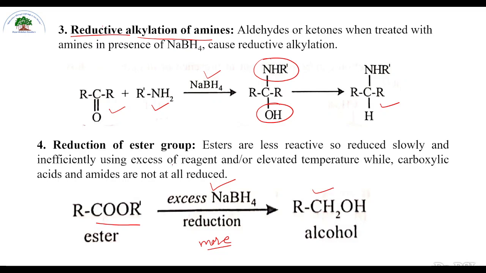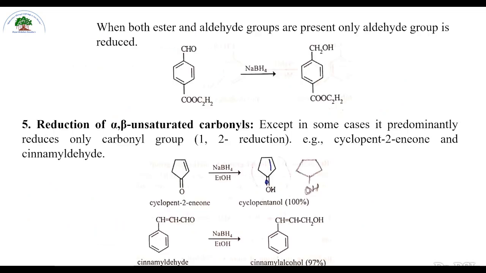But if there is a ketone group in the molecule, only the ketone is reduced and not the ester. That means selective reduction takes place when both functional groups are present. When both ester and aldehyde groups are present, only the aldehyde group is reduced. Here this is the ester and this one is the carbonyl aldehyde. Only the aldehyde is changed to primary alcohol and the ester remains as it is.